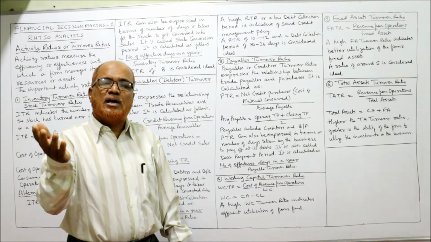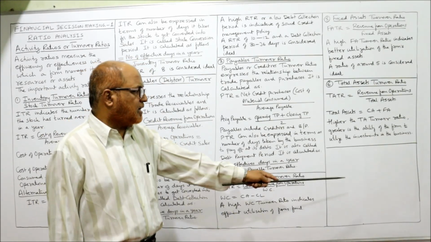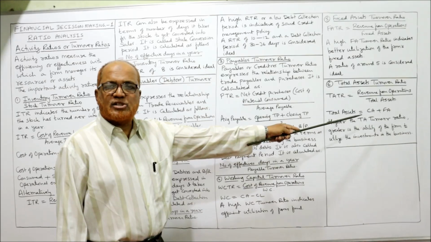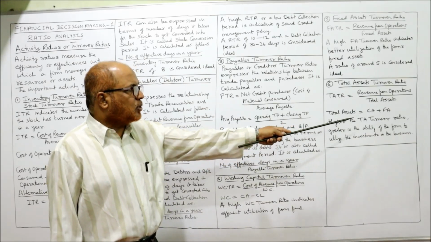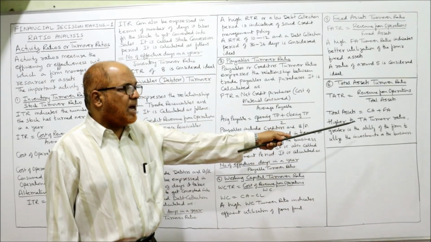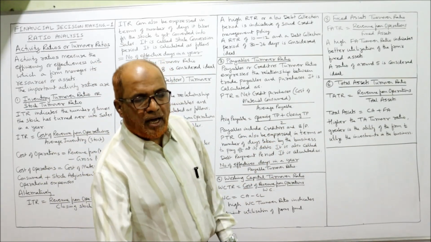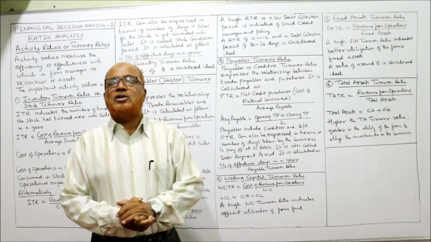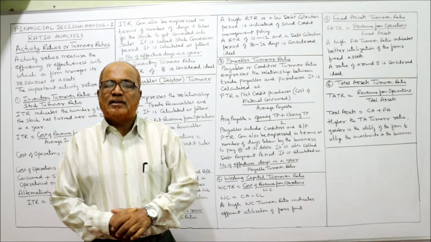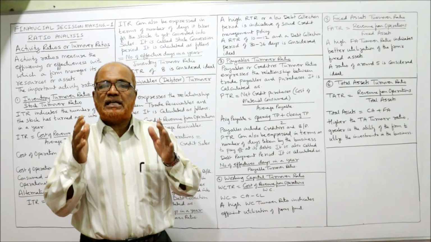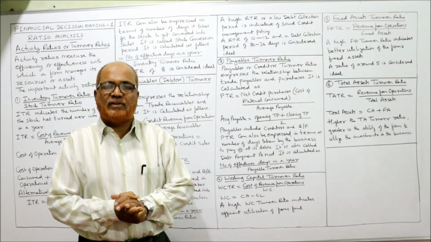Total assets include fixed assets plus current assets. The higher the total assets turnover ratio, the greater is the ability of the firm to utilize the investment in the business. So a high total assets turnover ratio indicates that the business is utilizing the assets effectively.